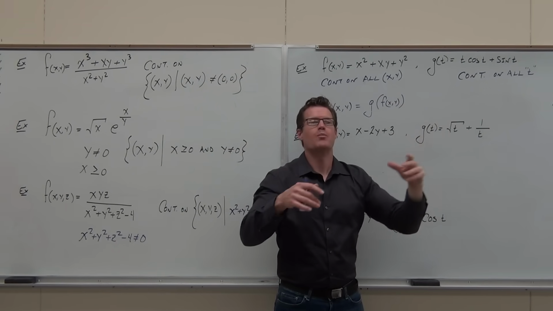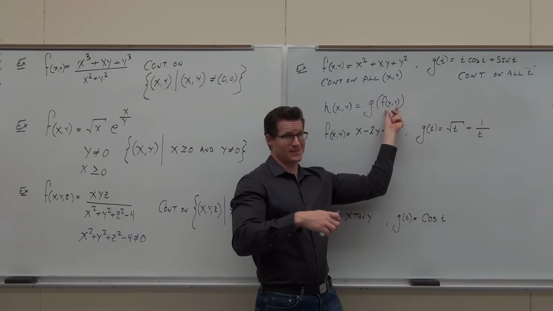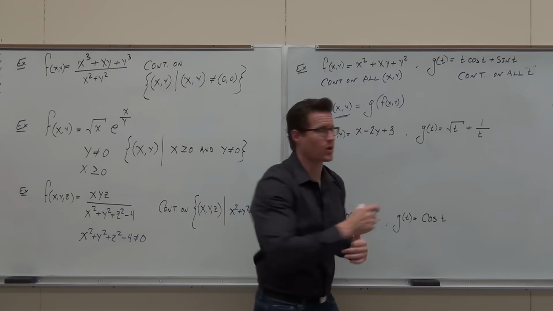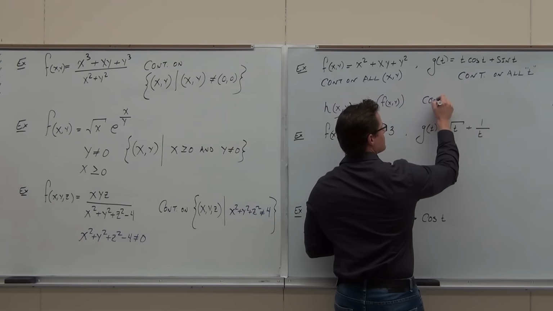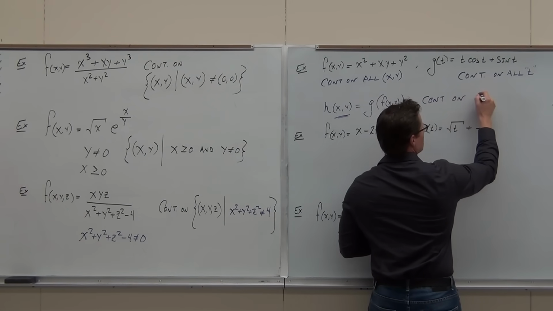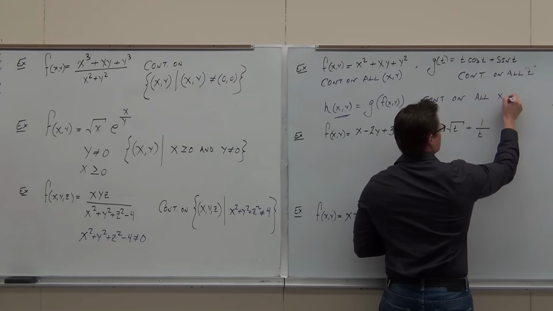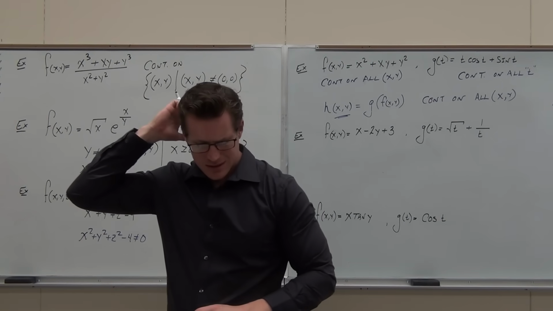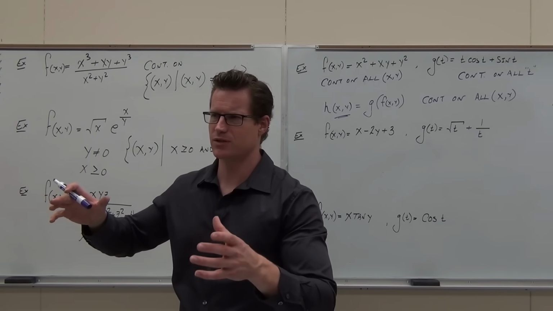Everywhere. But we're going to be in terms of whatever that says. So h of xy, that's why it says xy, because you're going to be ending with xy's. This would be continuous also on all ordered pairs. Does that make sense to you, that track with you?